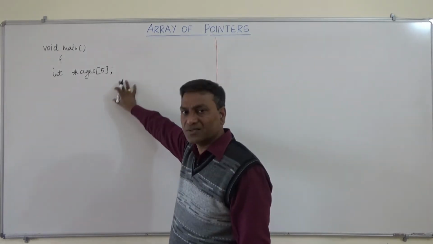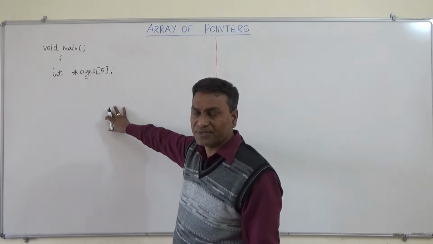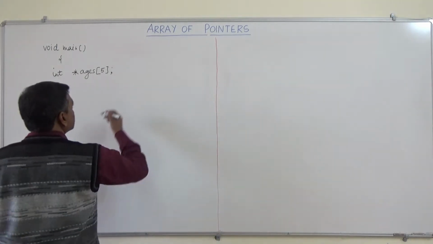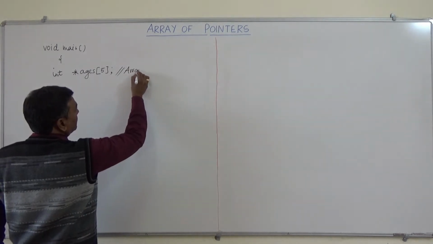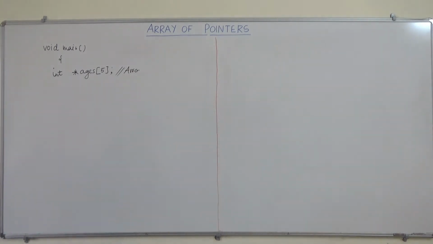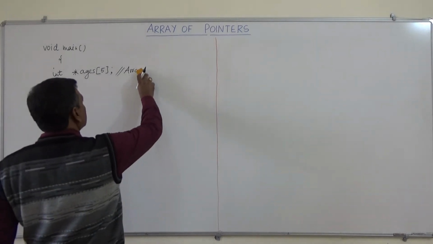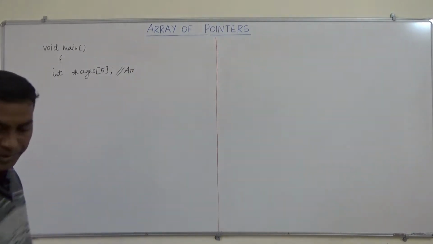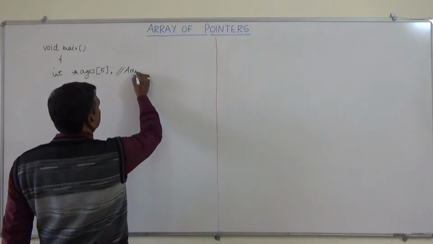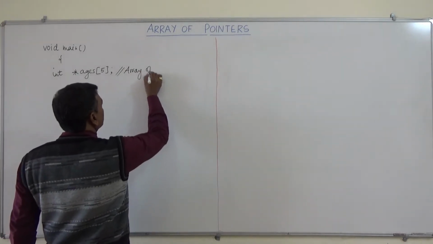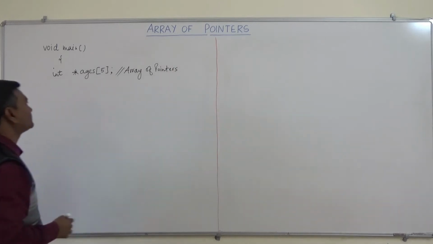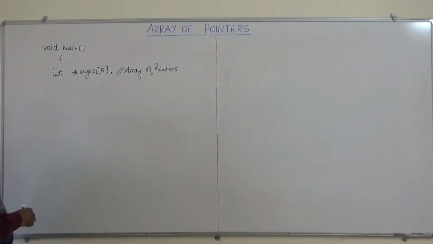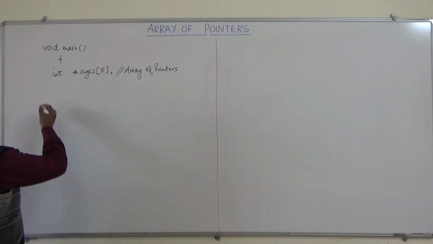So the size of this array is 5. It means this is the array of pointers.